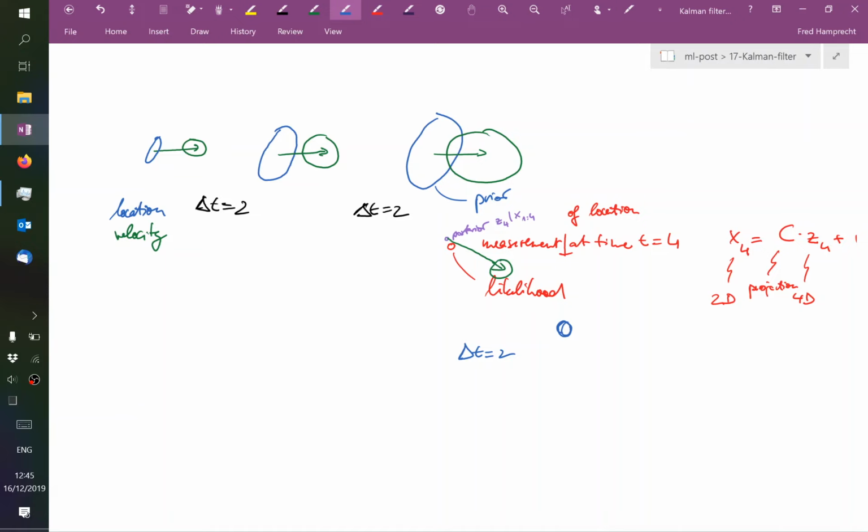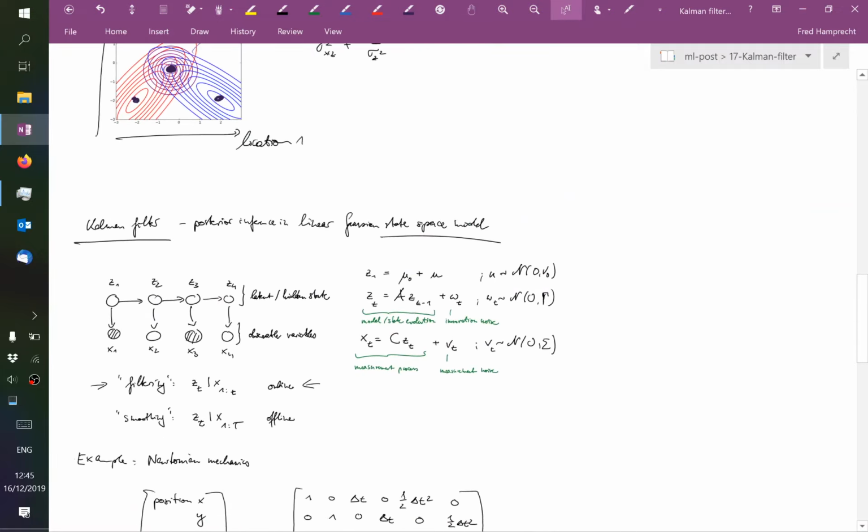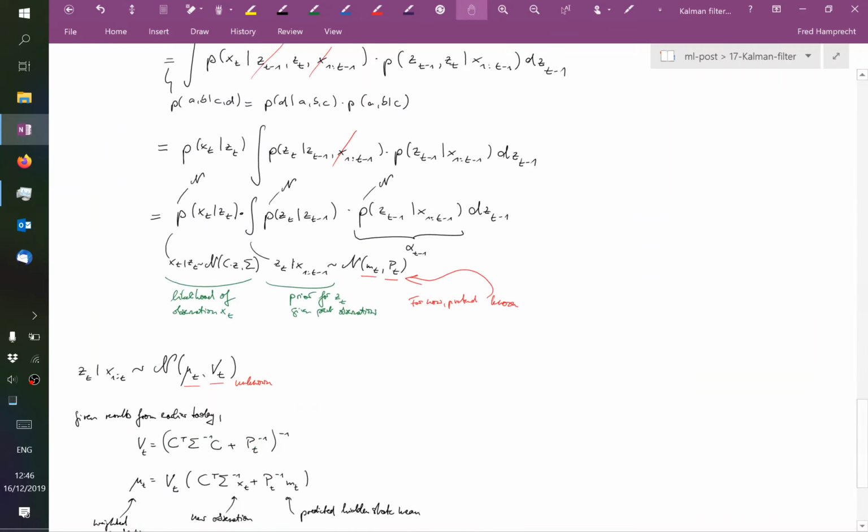You see that this location uncertainty has again grown thanks to this noise term which we had here, thanks to the innovation noise that keeps increasing the uncertainty in my hidden state as long as I don't make observations.